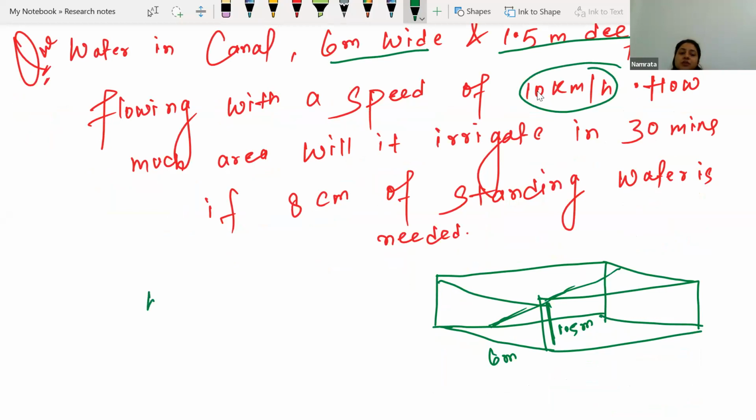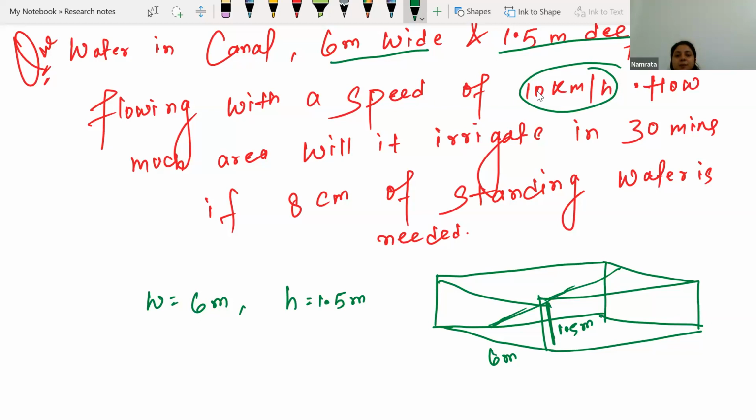Okay, so we know the width of the cuboid, that is 6 meter. We know the height of the cuboid, that is 1.5 meter. Now water is flowing through this canal. How much area will it irrigate in 30 minutes if 8 centimeter of standing water is needed? So what to do over here?